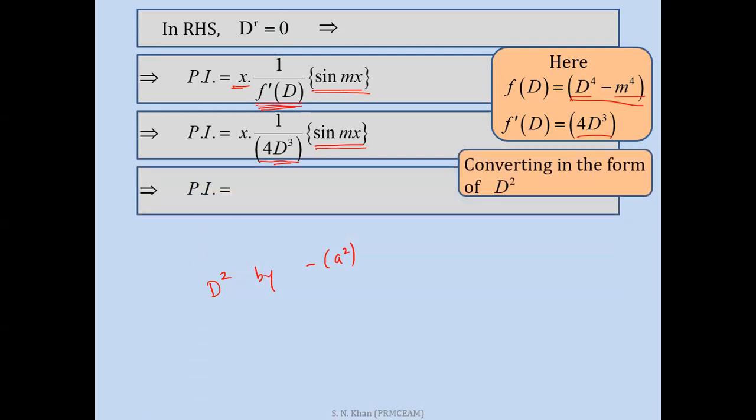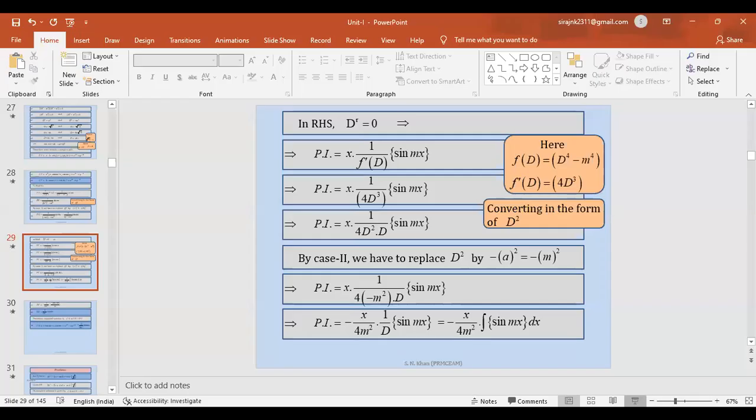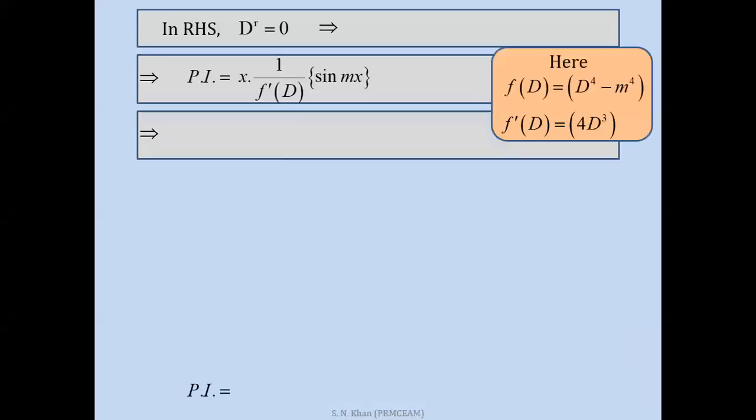Pi will become x into 1 upon 4d square into d. We are having 4d cube, so I have written it as 4d square into d, and the function is as it is. Now we got the term of d square in the operator, so apply case number 2 and replace d square by minus of a square.